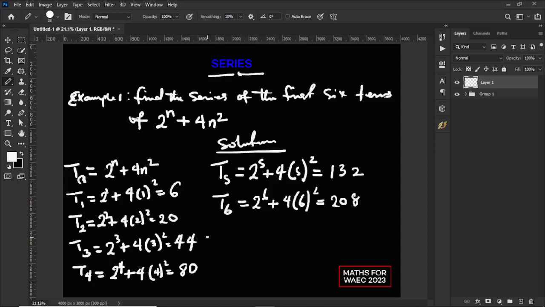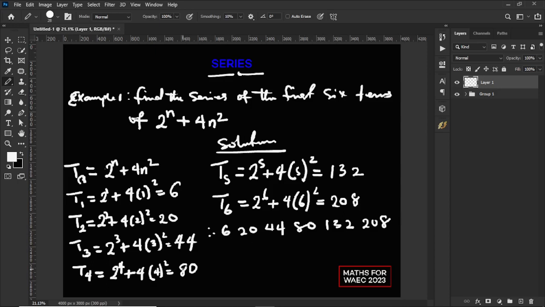Okay. So we are able to get the sequence to be 6, 20, 44, 80, 132, and 208. So the question says find the series of the first 6 terms. So this is the sequence now.